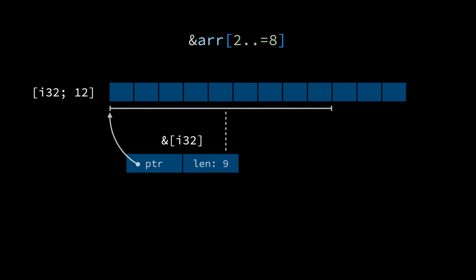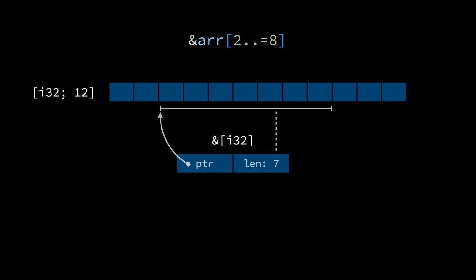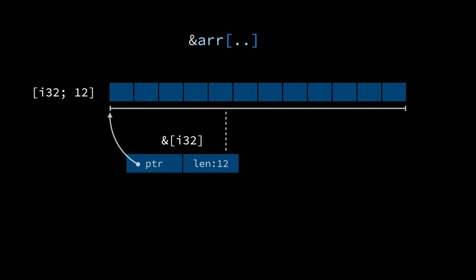If I say 2..=8, that means the range from index 2 up to and including index 8. If I specify the start but not the end, then 2.. means everything from index 2 to the end. And if I leave out the start and the end, then the range .. just means everything. It's the same as just using the reference to the whole array and coercing that to a slice.